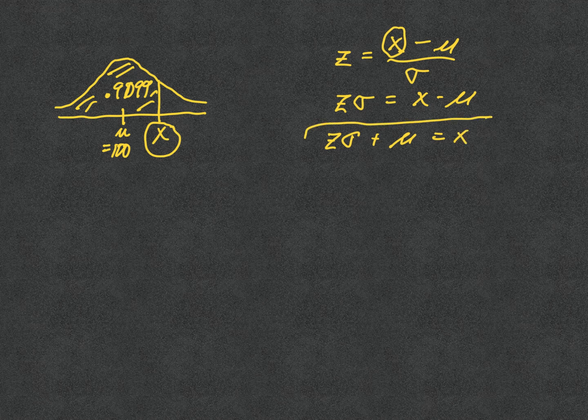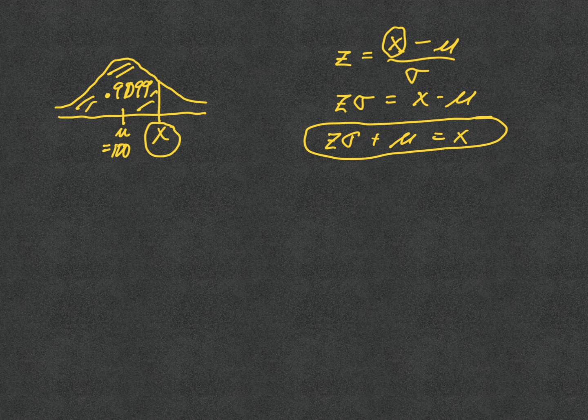So this is the formula we use when we know the probability and the z value, and then we convert it to the x value. So it's backwards. On the last problem, we knew the x, we converted it to the z. Now we use the standard normal and convert it to an x value.